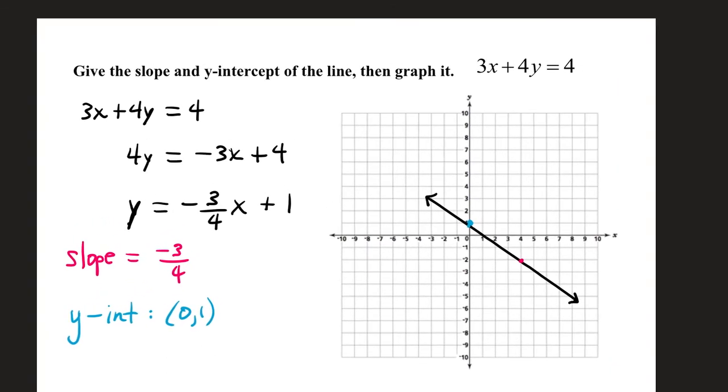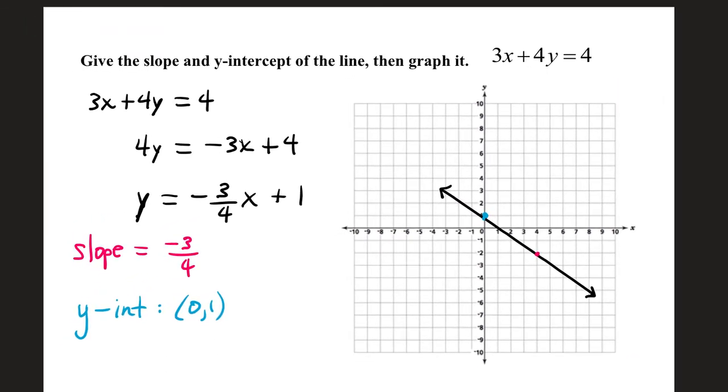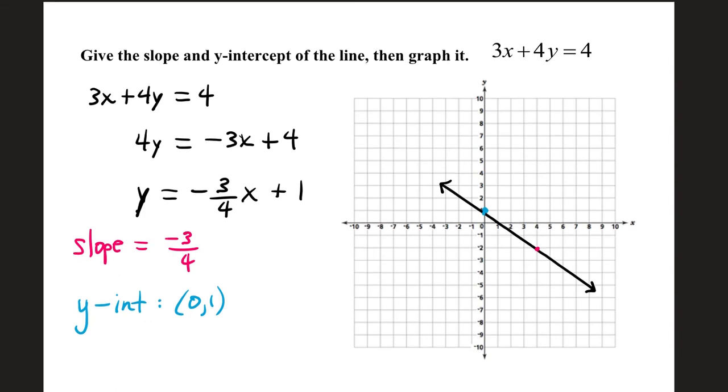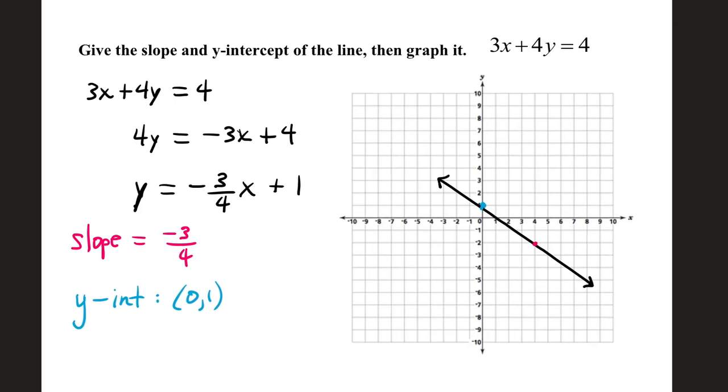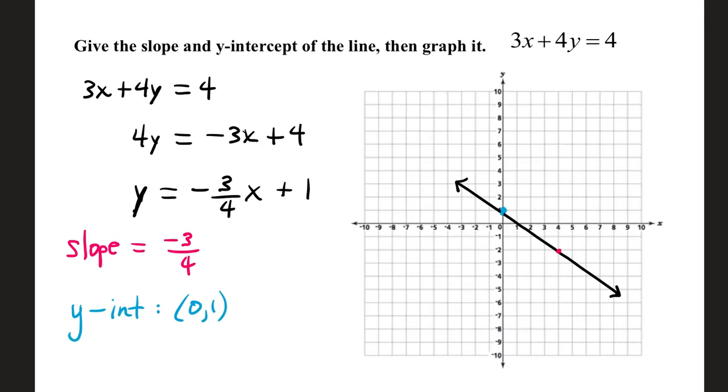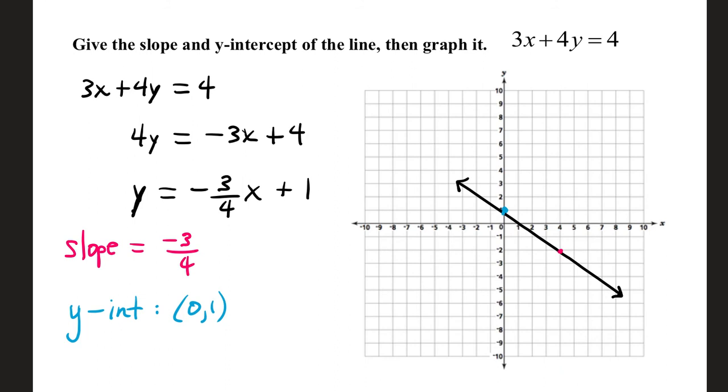And finally, if you're asked to come up with the slope and y-intercept for a linear equation, and you don't have y equals mx plus b form, that's okay. Take your equation, 3x plus 4y equals 4 in this problem. Solve it for y.